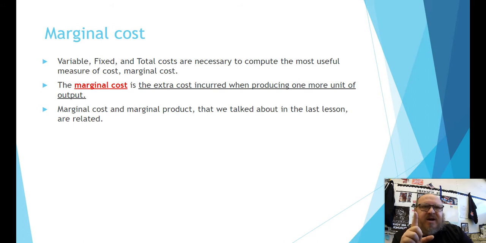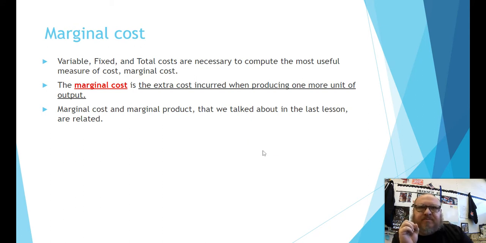Now, you might remember last lesson we talked about marginal product, which was each additional unit produced by a new employee, right? Marginal cost is similar. Marginal cost is the extra cost incurred when producing one more unit of output.